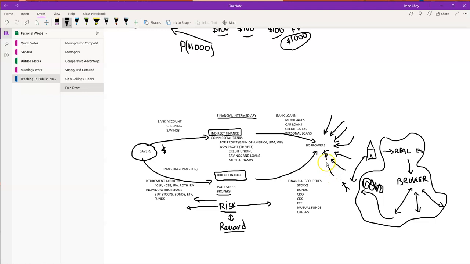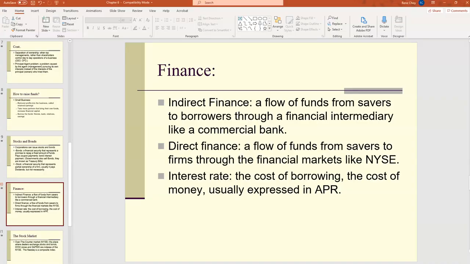So there's a lot of these different projects that anybody at any time wants to create, and they need all this money because a lot of the times they may have a really good idea or a really good working business, but they need more funds in order to grow. And savers could be somebody who has lots and lots of money, or it could be somebody who has little money, and then the financial system is the one that basically generates that flow. So the financial system is extremely important for a well-functioning economy.